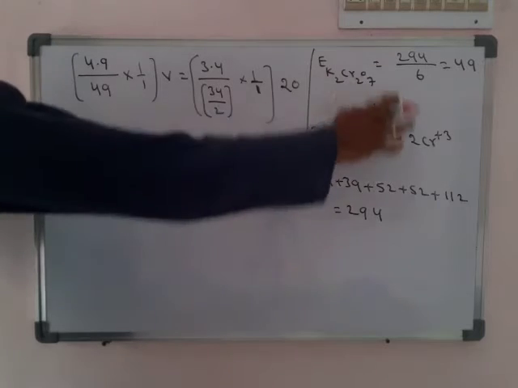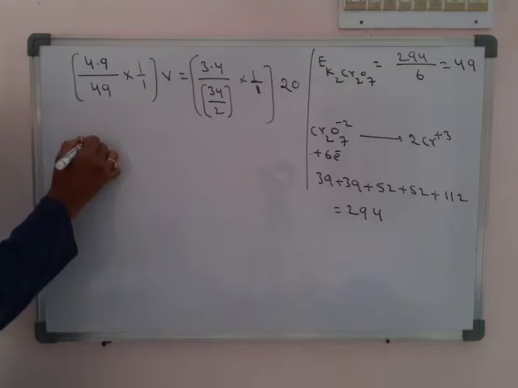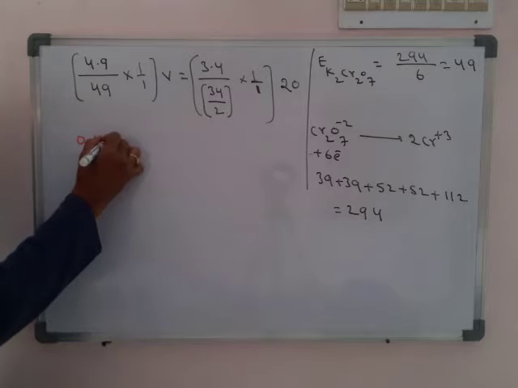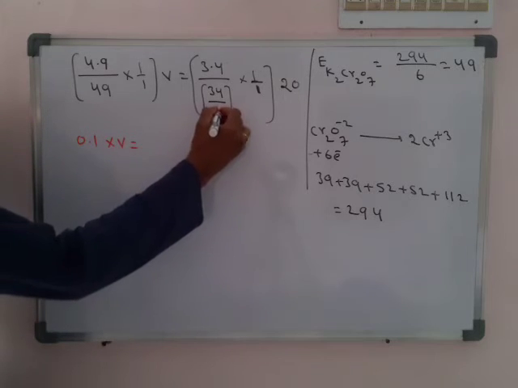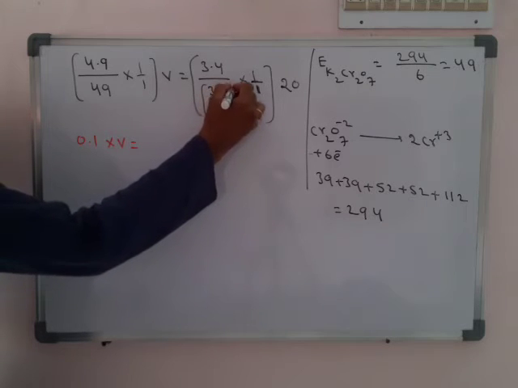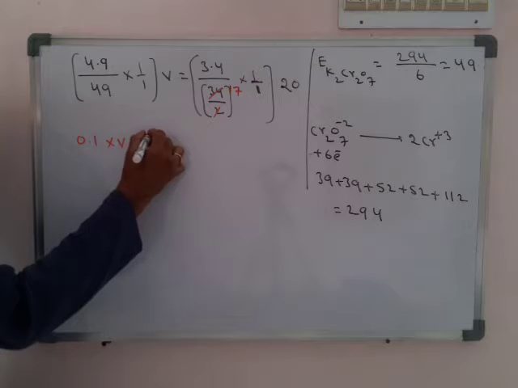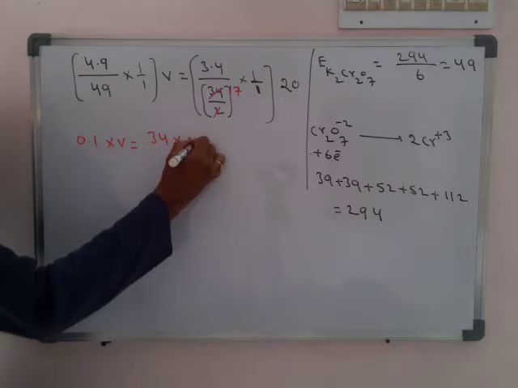So I have to write this also. So here I will get, okay, 0.1 into volume equals to 17. So it can be written as 34 into 2.